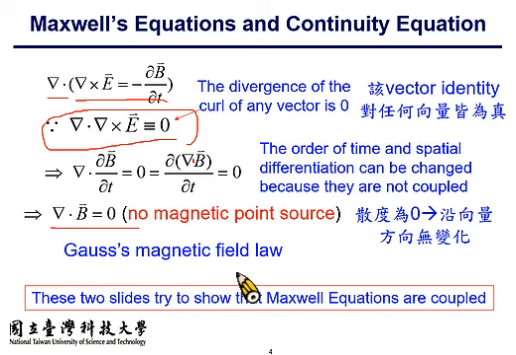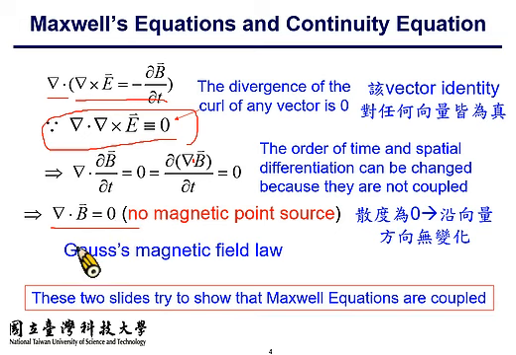The Gauss's law of magnetic field says that there is no magnetic point source. For any point in space, the divergence of the magnetic flux density must equal 0.